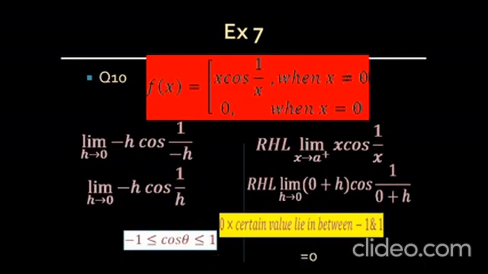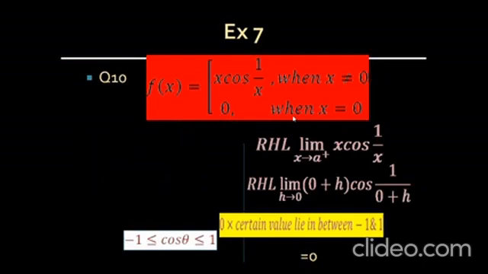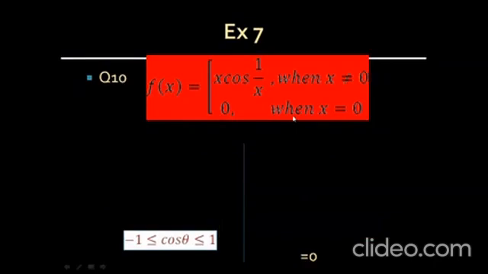After getting it, we can say the left hand limit is equal to the right hand limit. And now we need to find the value of the function at the point x equal to 0. If we look at this question, f(x) is equal to 0 when x is equal to 0. So that's why we can write f(0) is equal to 0.